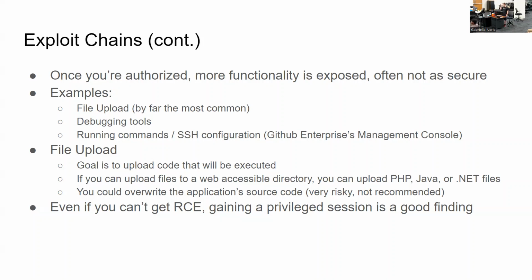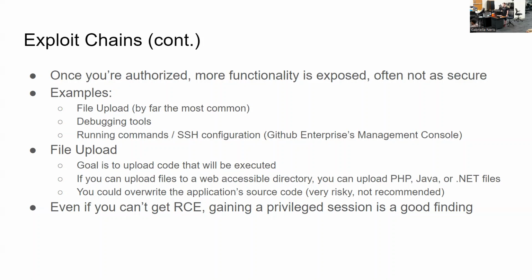So I want to talk more about the file upload. If you can upload any file on a server, you want to upload code that will be executed. If you can upload files to a web accessible directory, depending on the framework that's being used, you can upload PHP, Java, or .NET files, which run when the user visits those files in the browser.